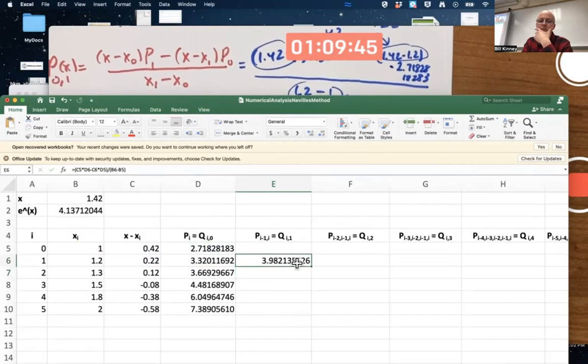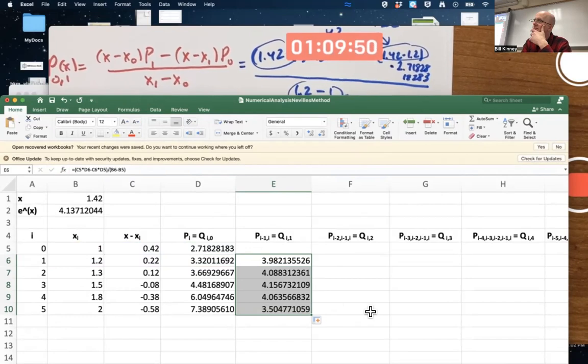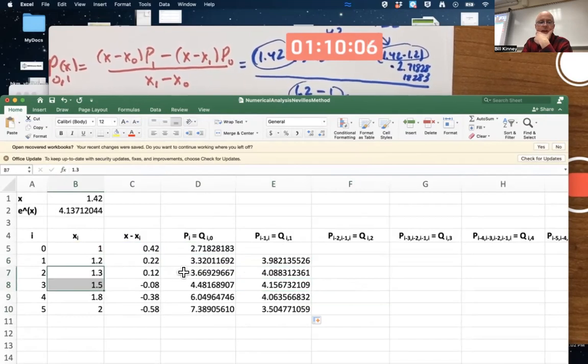This formula is copy and pastable. And is that a good idea? Yeah, because this one is going to interpolate the data points corresponding to nodes x1 and x2 and these two values. This one's going to interpolate the ones corresponding to x2 and x3 and their values.